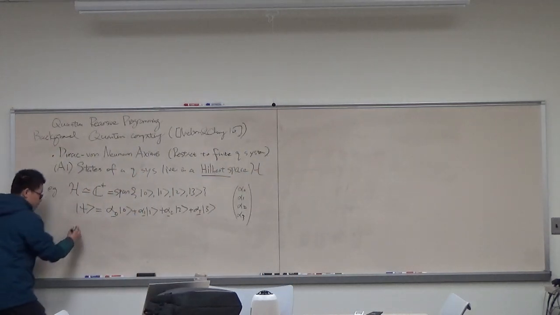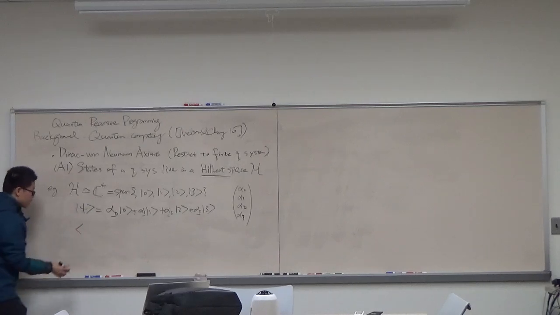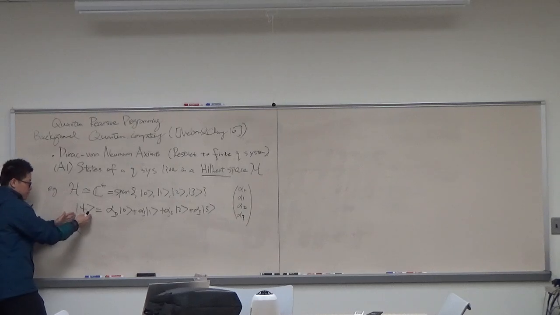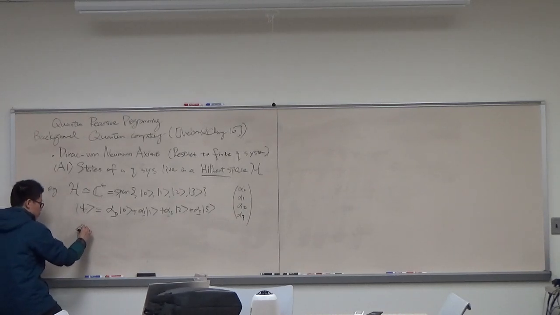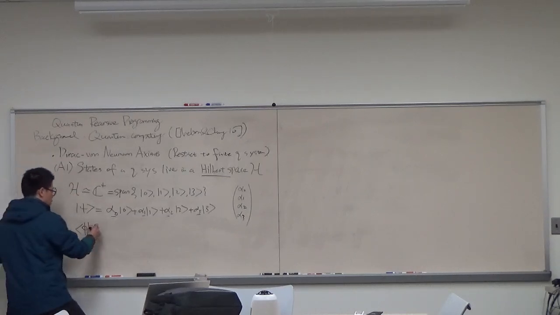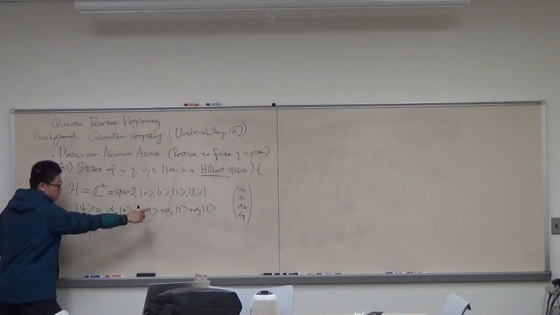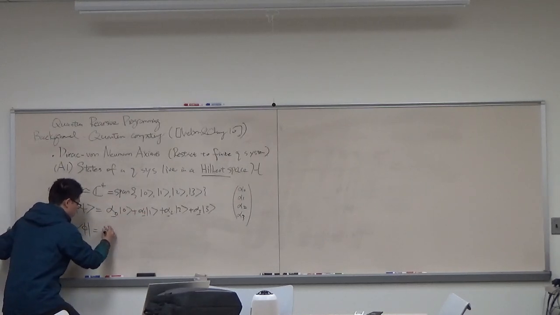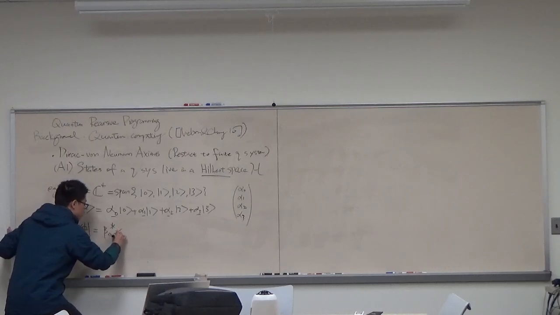Now we will define another notation, where you reverse the direction of this ket notation. You have this bra notation. So the bra notation represents a vector in the dual space of this H. So it actually corresponds to those row vectors. So, for example, we write it this way.